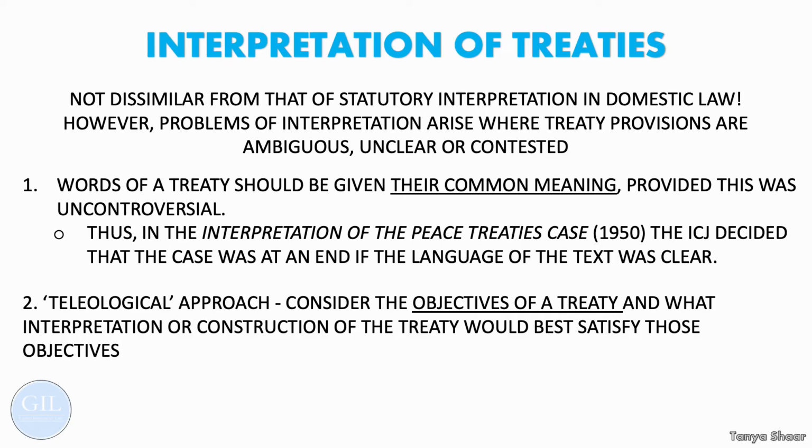This approach would consider the objectives of a treaty and what interpretations would best satisfy those objectives. Notably, this was a two-step process, and whilst it was sufficient and unproblematic, the VCLT decided to take it a step further, and they came up with their own approach, known as the ordinary meaning approach.